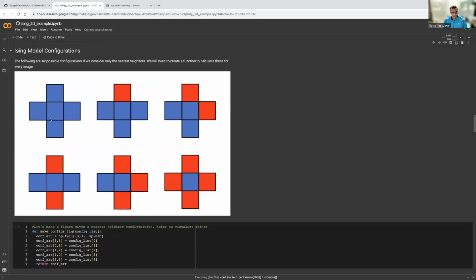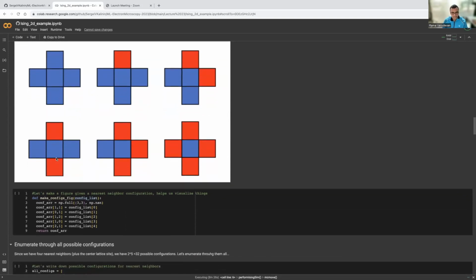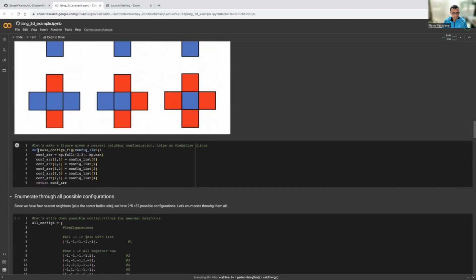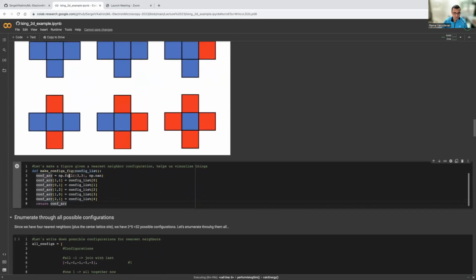Anyway, coming back to these Ising model configurations, the question is, how do we compute these from the images that we actually have of the Ising model? Of course, in your experimental case, that would just be from the atoms that you're actually seeing in your system. But the point here is that it's very easy to do this by effectively enumerating through all the possible configurations.